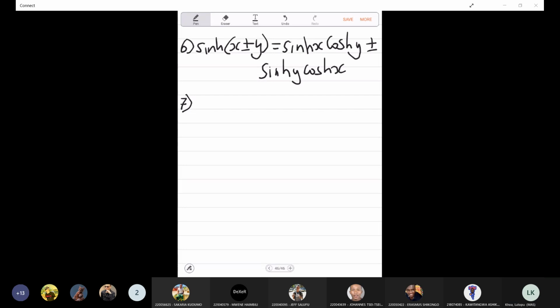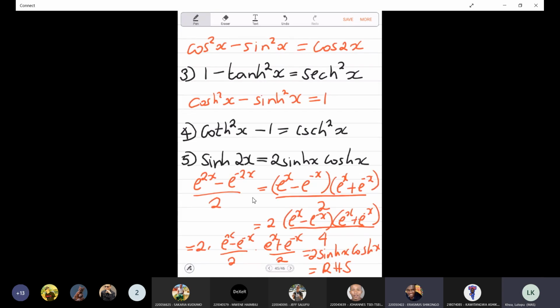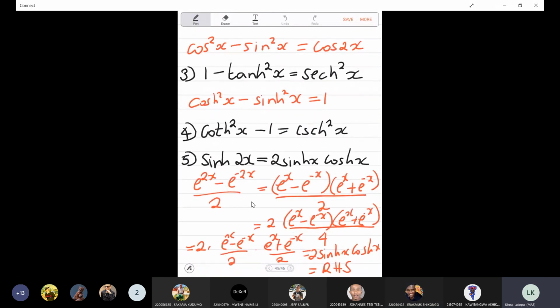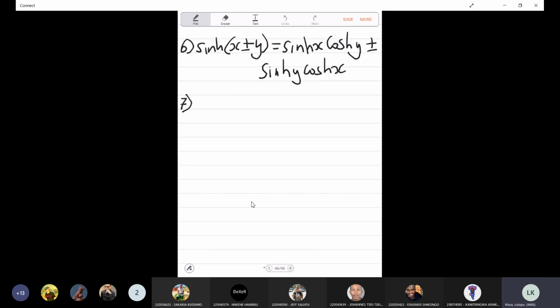We can go back to the previous page. So the easiest way to prove some of these identities is to rewrite them as exponents and then use your laws of exponents to work them out.